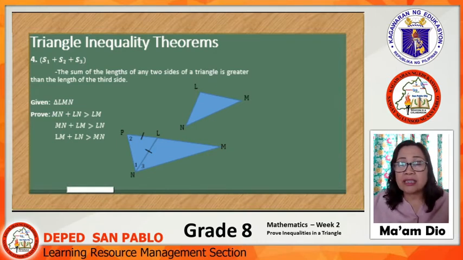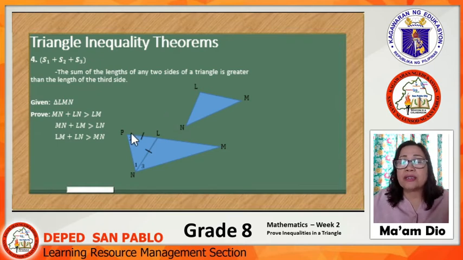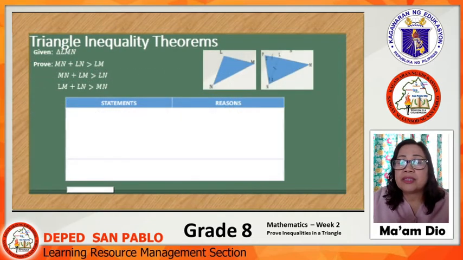Now again, this is a property of equality in which the whole is greater than the parts. Okay. Now, again, we'll do construction here. We're going to construct another triangle, PLN, adjacent to triangle LMN. Let's try to prove this. Let's have statement number 1.